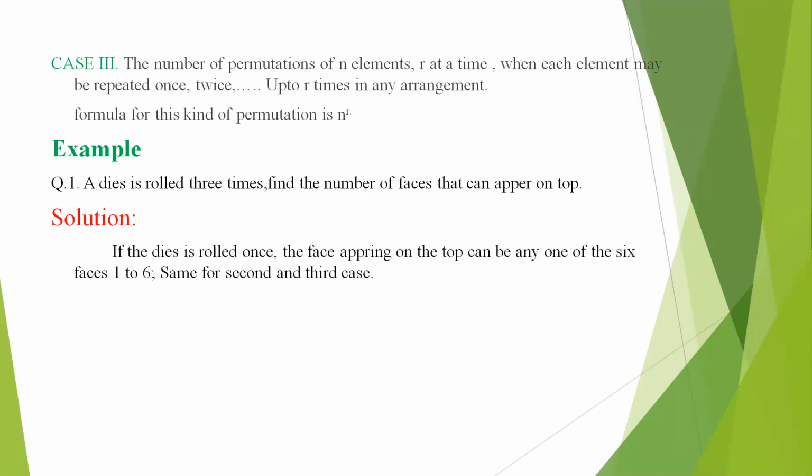When it is rolled a second time, there are also 6 choices for the face appearing on top. If it is rolled a third time, there are also choices from 1 to 6. So the total number of ways of the faces appearing on top is 6 into 6 into 6, which is 6 raised to 3.